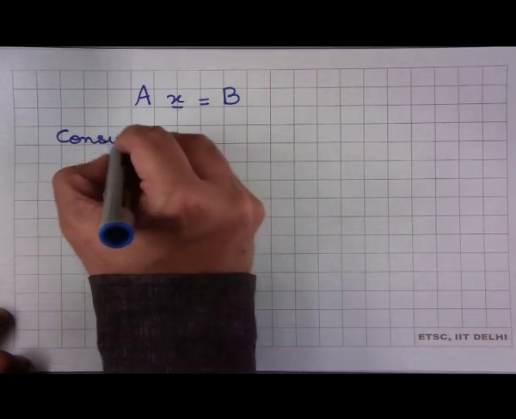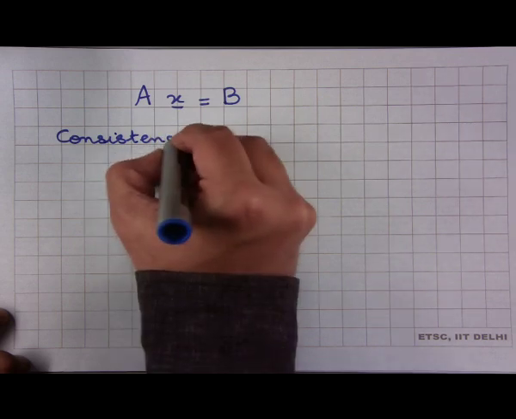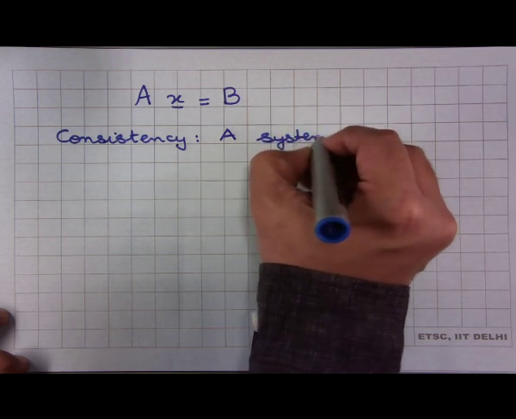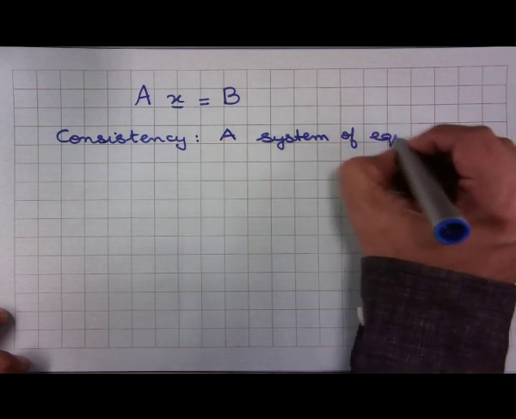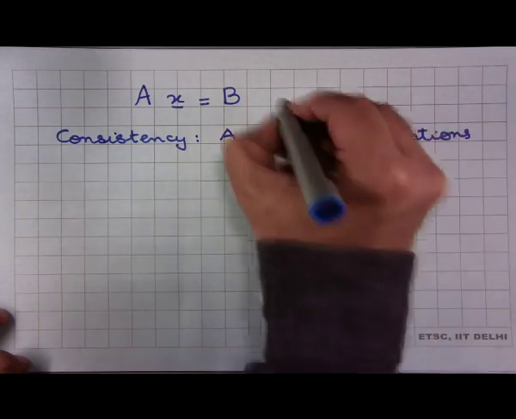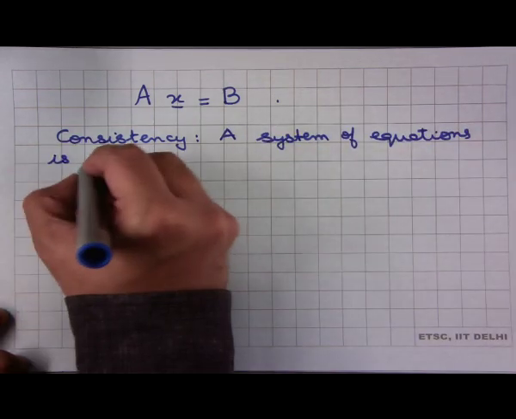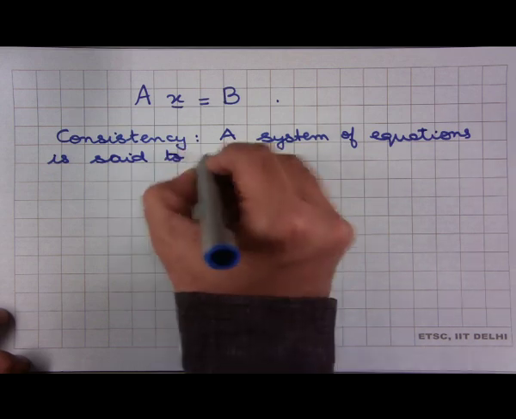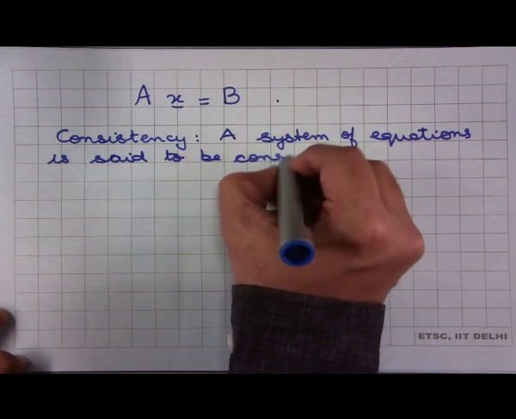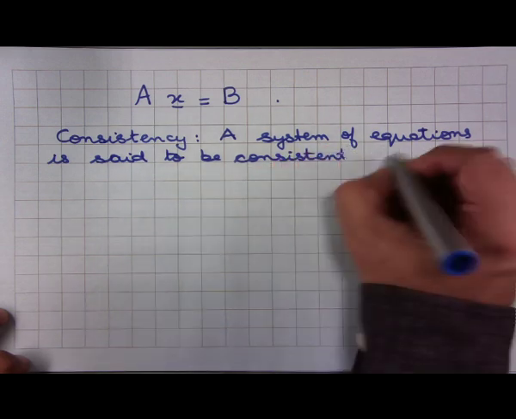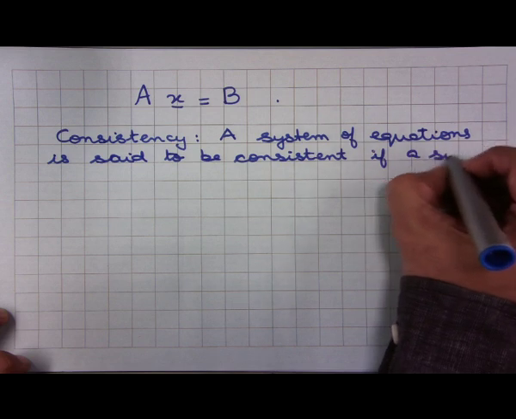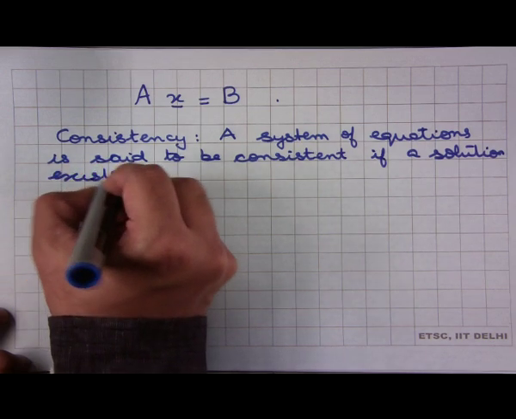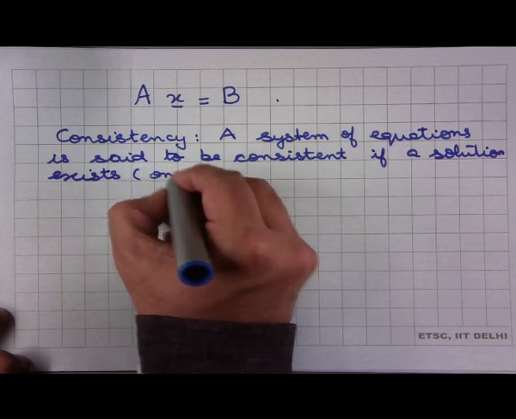Consistency: a system of equations such as the one shown here is said to be consistent if a solution exists, and of course, there may be one solution or more than one solution.